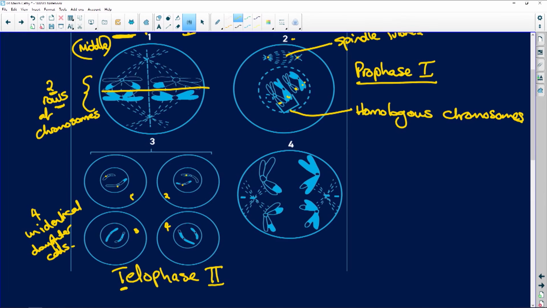All right, and then if we look at 4, they're pulling away. And as they're pulling away here from the equator, it means it is the away phase, which means it is anaphase. Anaphase is your away phase. So A for away, A for ana. They're pulling apart, they're going towards the poles. And they still look like butterflies.